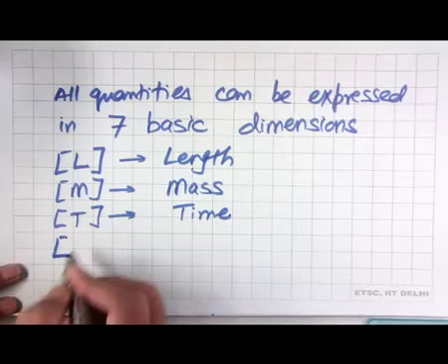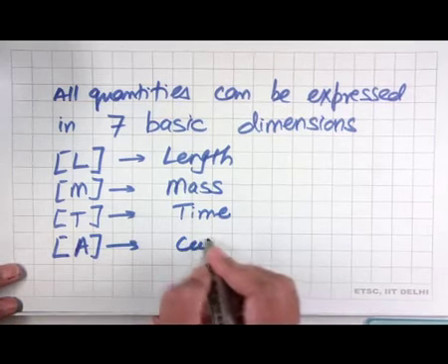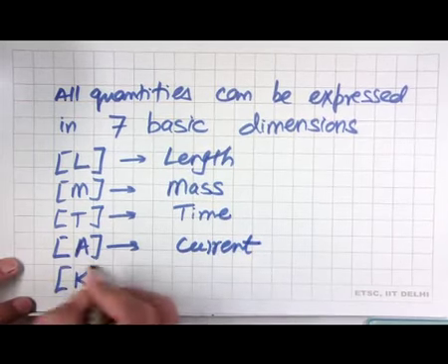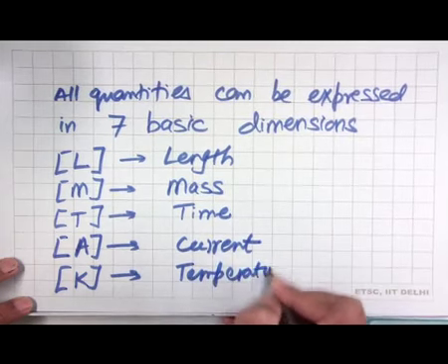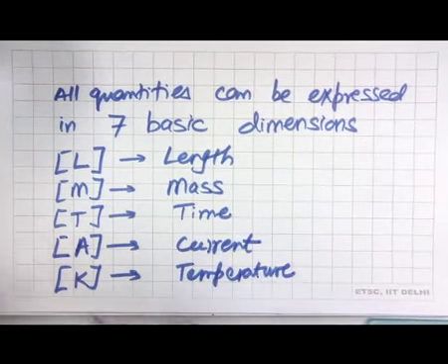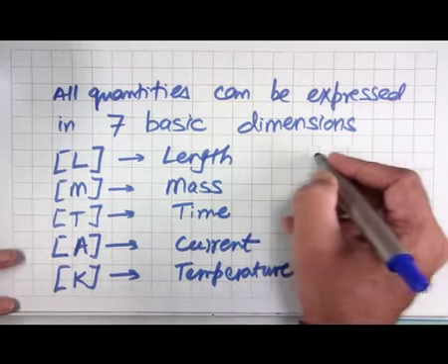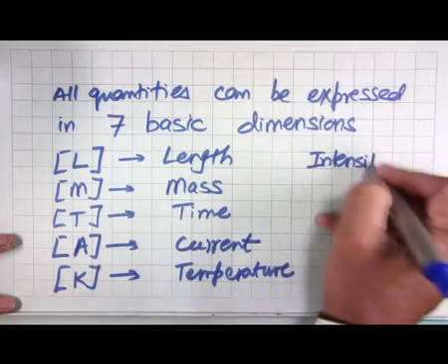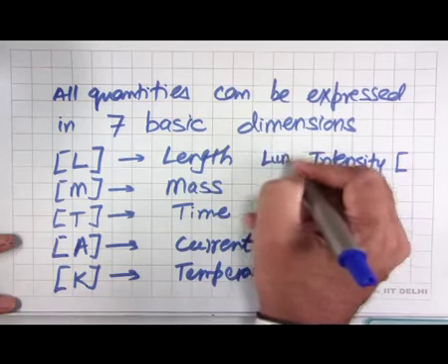Once we come to electricity, then we get a dimension which we use A, and that is the symbol for current, and for temperature we can use a symbol K to differentiate it from time, or sometimes people also use the Greek symbol theta for temperature, and then the sixth quantity will be luminous intensity.